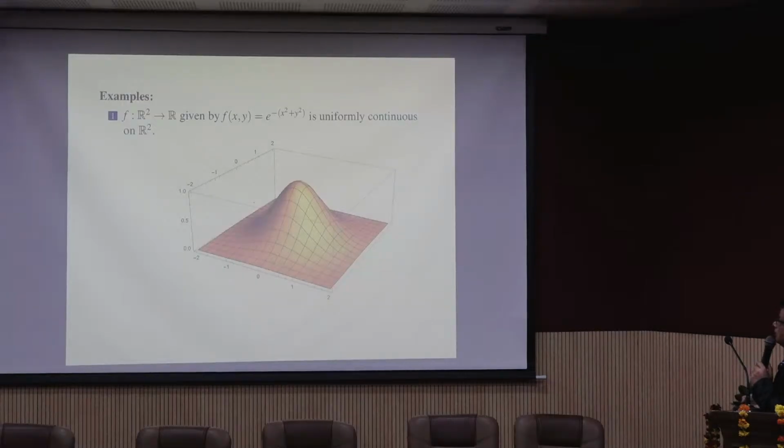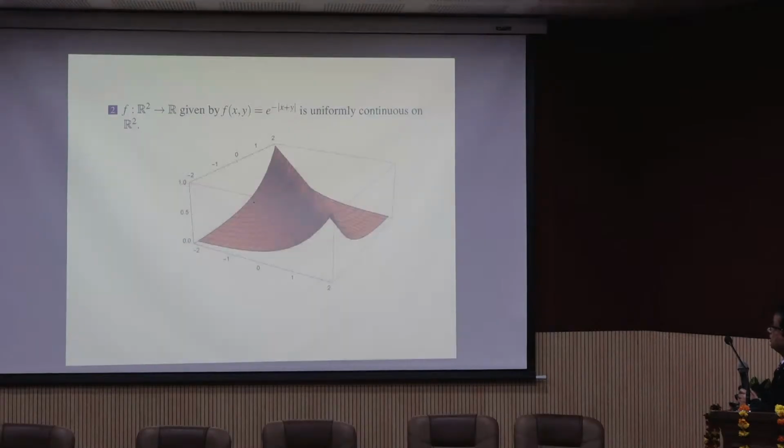So this is a replica of the Gaussian in 2 dimensions. f(x,y) = e to the power minus (x square plus y square) is uniformly continuous on R2. Similarly, e to the power minus (|x| plus |y|) is also uniformly continuous because it is going to 0 at infinity.